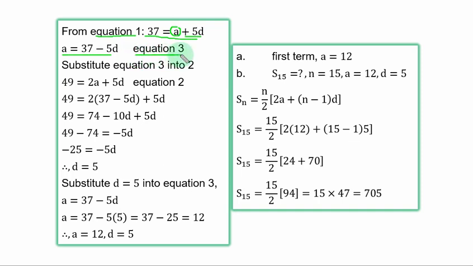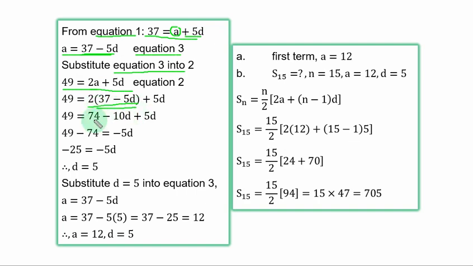Now, equation 1 produced equation 3. To continue, you have to substitute equation 3 into equation 2. This is equation 2. You replace a with 37 minus 5d. You have it in this form. This 2 is to multiply the result for a.